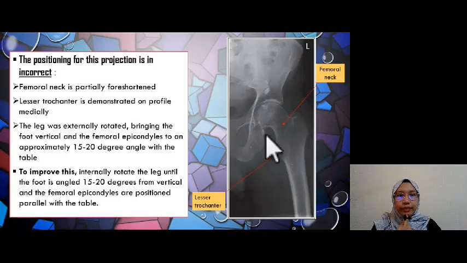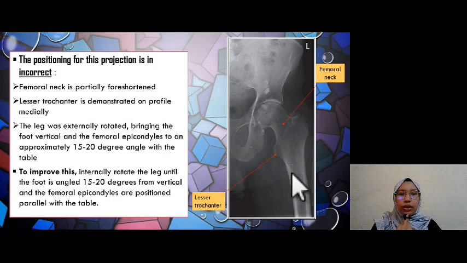Okay, next. This is based on my radiograph. The positioning for this projection is incorrect. This is because the femoral neck is foreshortened, the greater trochanter is demonstrated in profile medially, and the leg was externally rotated, bringing the foot vertical and the femoral epicondyles to an approximately 15 to 20 degree angle with the table.